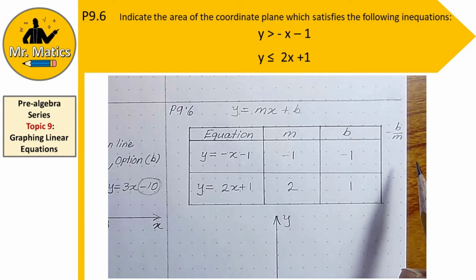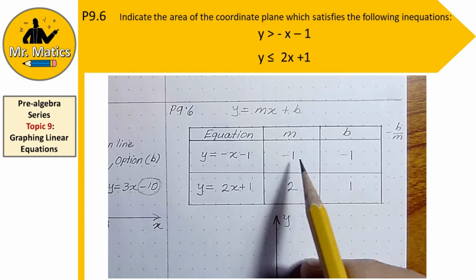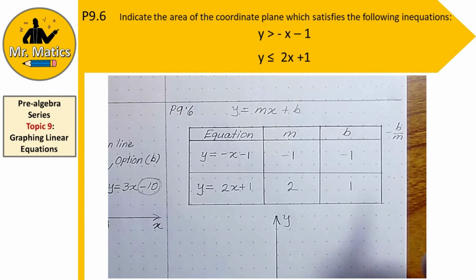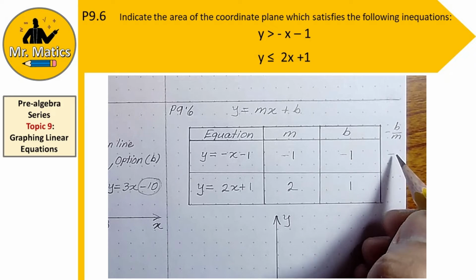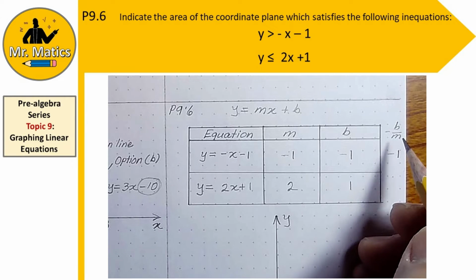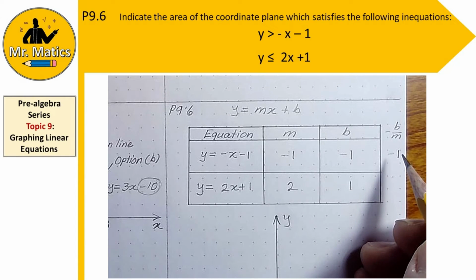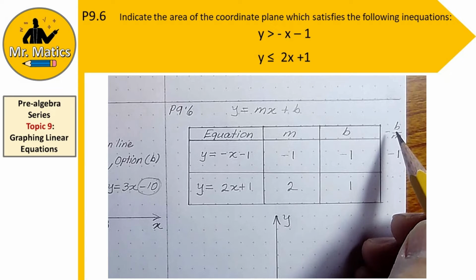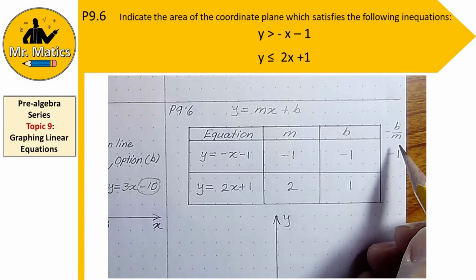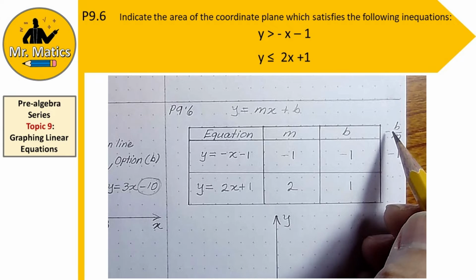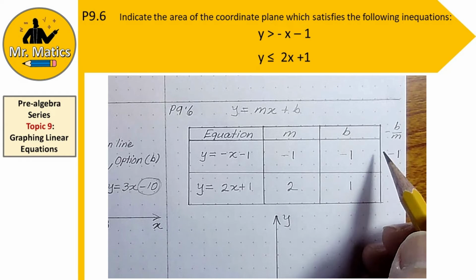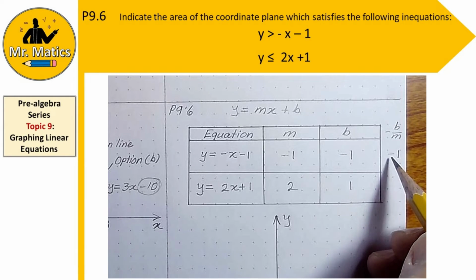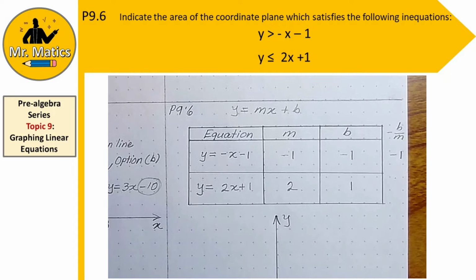If these are the two values, minus b over m would be minus 1, because b over m would be minus 1 over minus 1, the signs cancel from the top and bottom, so you are left with 1 if it's just b over m, but minus b over m adds one more negative sign, so you get negative 1.